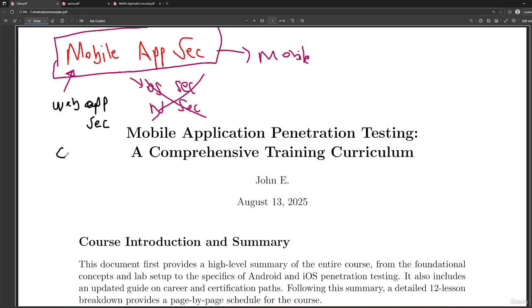Also, if you have cybersecurity essentials, this is good for you. What I mean by the essentials are network security, operating systems, cryptography, and basic programming.